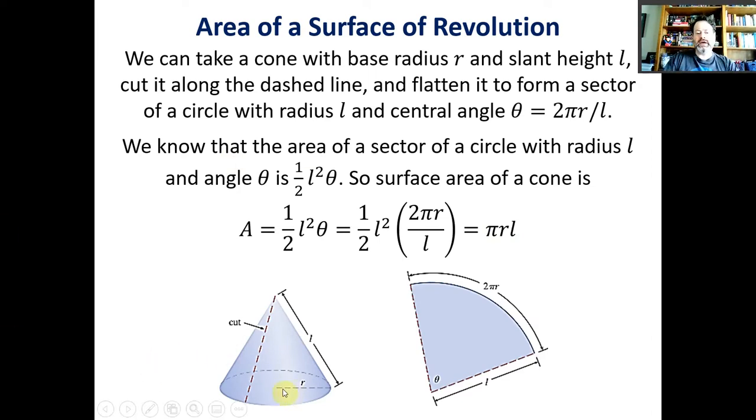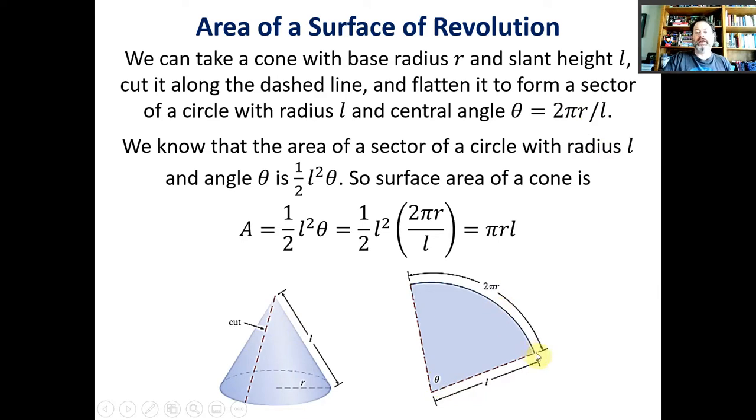If the cone has base radius r, then this circle is pi r squared. When we cut it and open it up, that rounded part at the bottom will be 2 pi r. The slant length of the cone is L. So again, when you cut it and open it up, you get L. Now the way we compute theta is you just set up a ratio. It's a proportion basically.